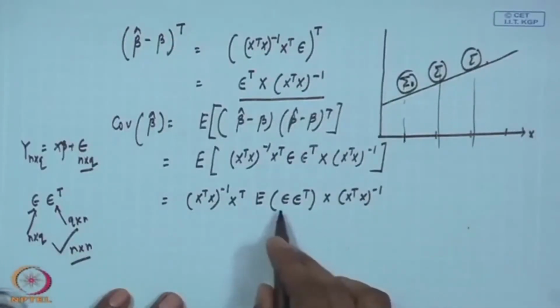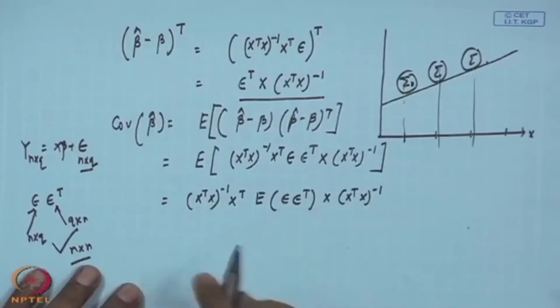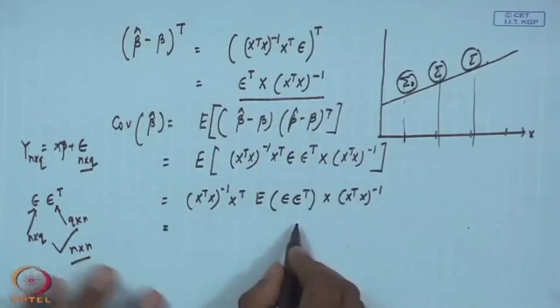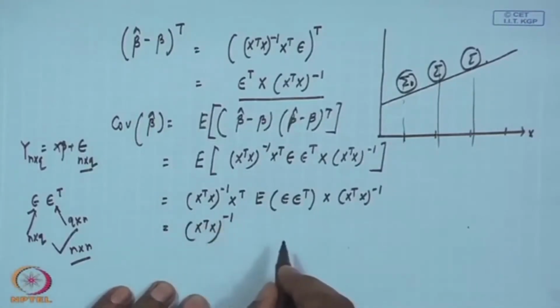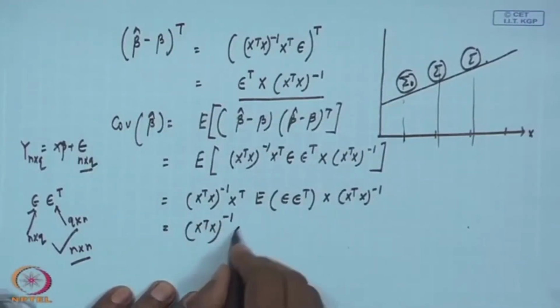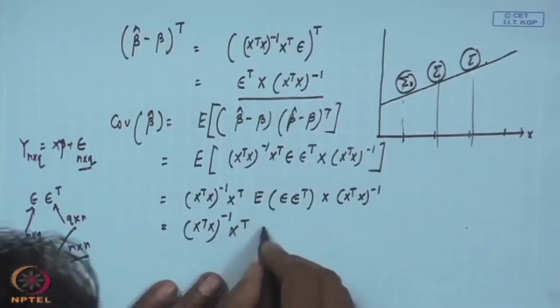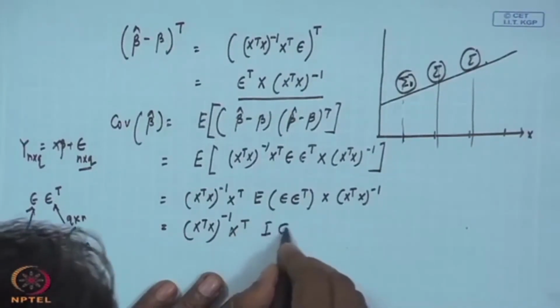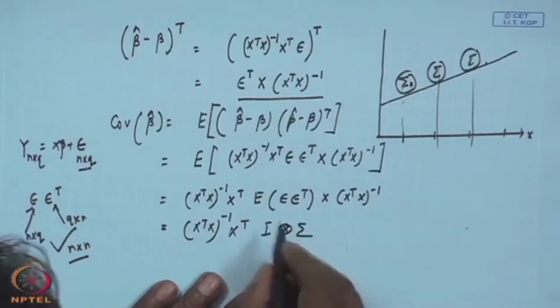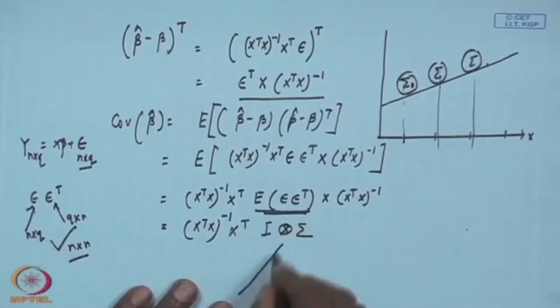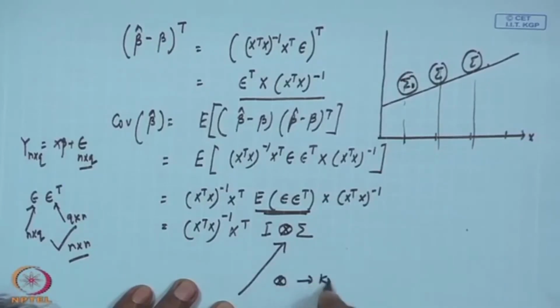So ultimately this quantity will become like this: x transpose x inverse x, then this one will become into I, and there is one operator called Kronecker. This symbol is known as the Kronecker product.